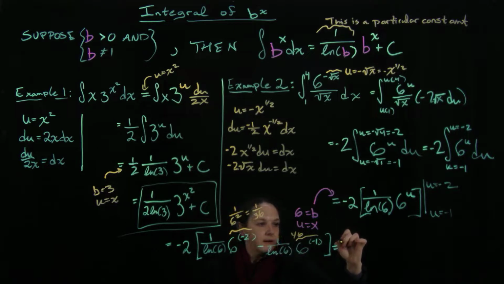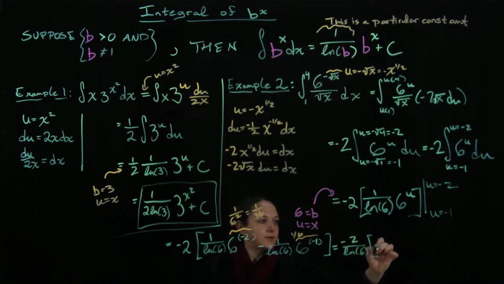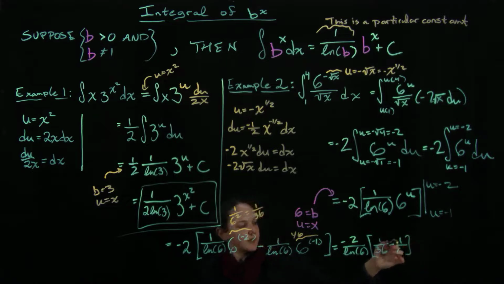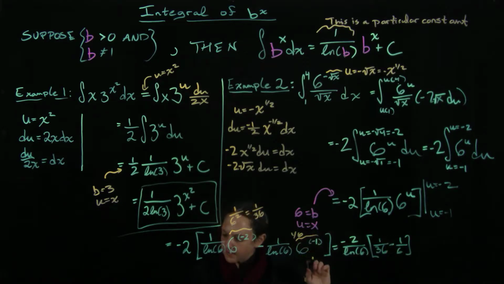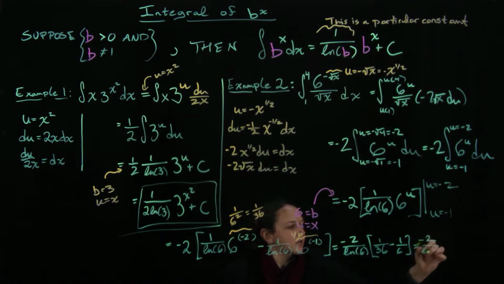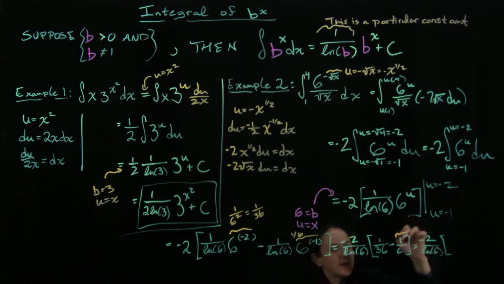So I've got minus 2 over the natural log of 6 times my 1 over 36 minus my 1 over 6. We can put these over a common denominator. To get this over a common denominator, I have to multiply the top and the bottom by 6, so I get 6 over 36 here.